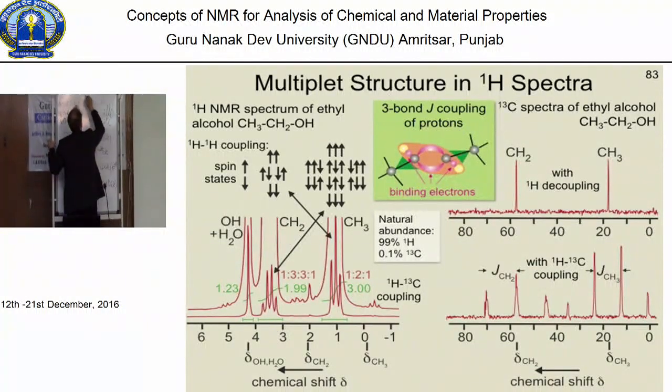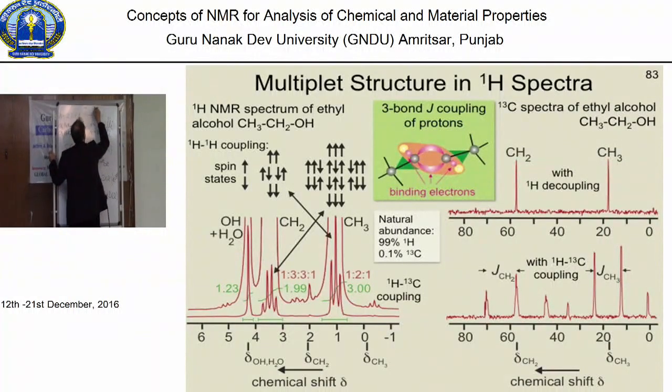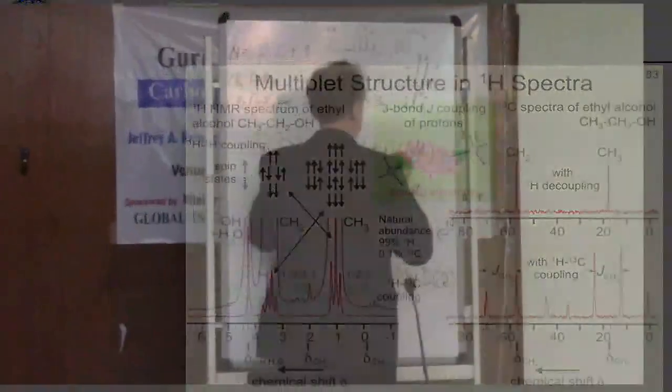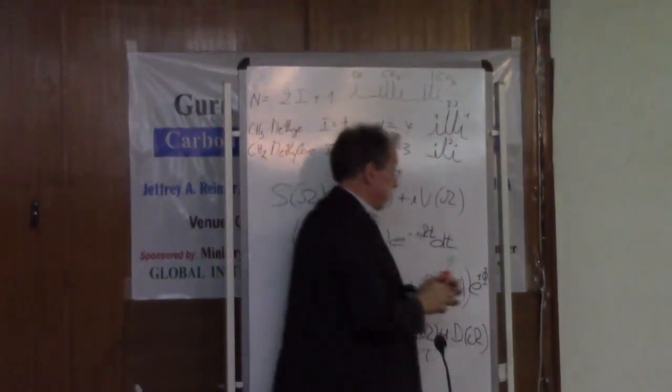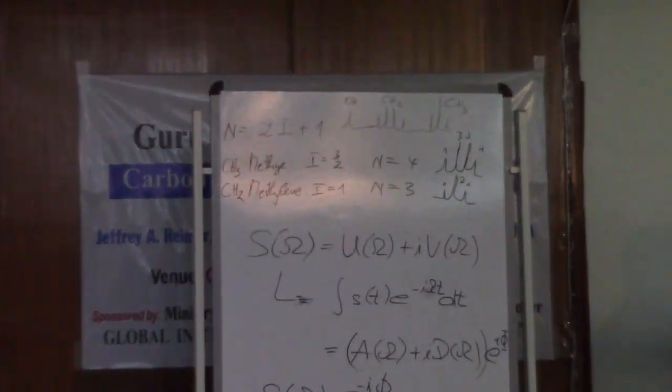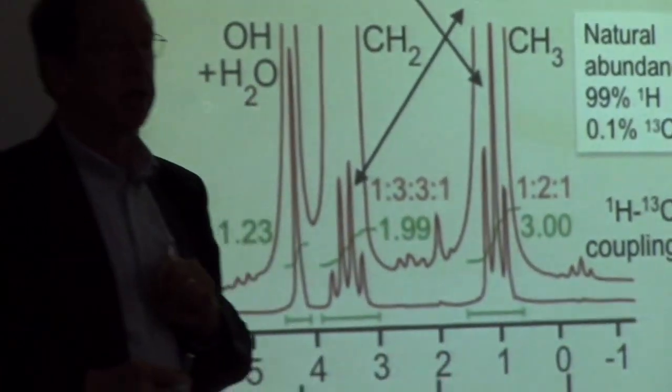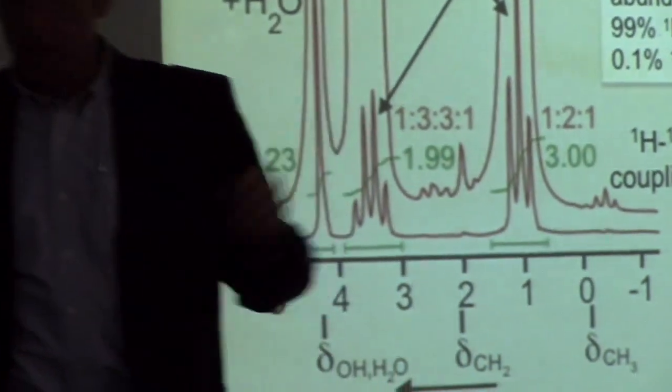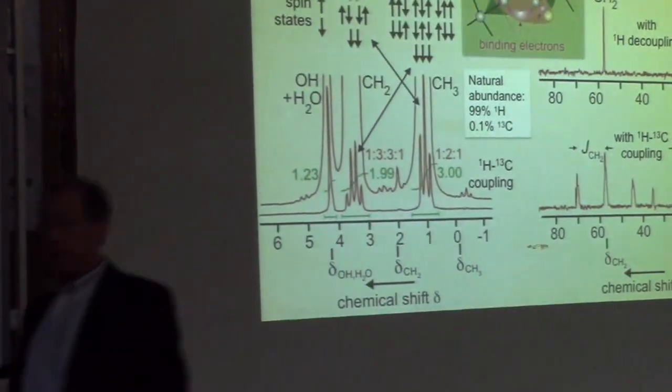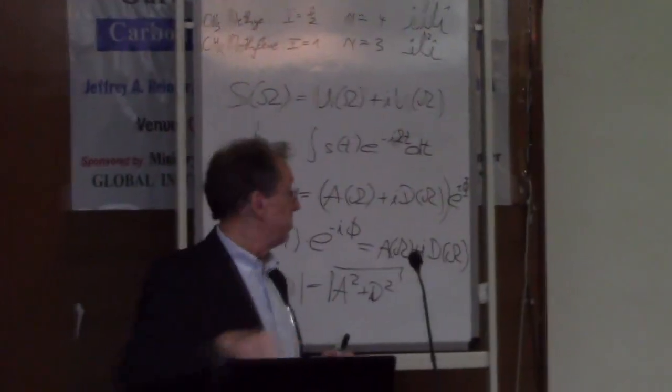That is the OH, that is the CH2, that's CH3. So that's the spectrum which is seen right here. That's a regular spectrum that you can observe. And the question was, how does that splitting come about?